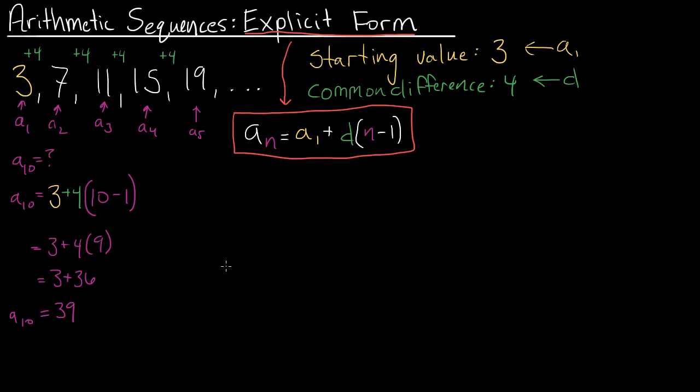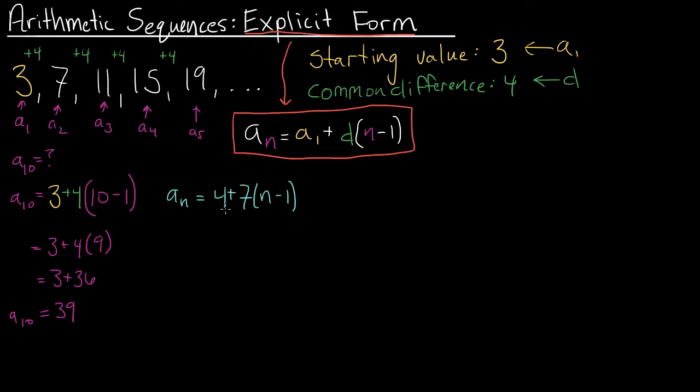Let's work out a few examples of using explicit form to describe an arithmetic sequence. Let's say that I have a sub n is equal to 4 plus 7 times n subtract 1. The first thing that I want to do here is identify what my starting value is and what my common difference is.